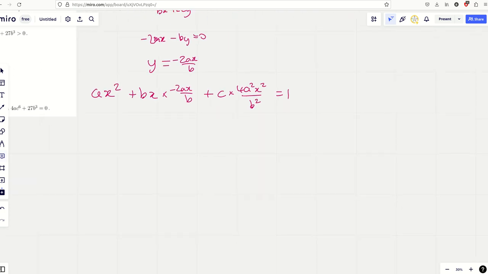Yeah, so let's just tidy this up a bit and talk about what we're going to do next. We've got x squared. I'm going to group the x squareds because then I can see I've got a plus 4a squared c over b squared. Yeah, that's going to cancel with that, isn't it? And then I'm going to have minus 2a. Oh, look, and I've missed an x squared.